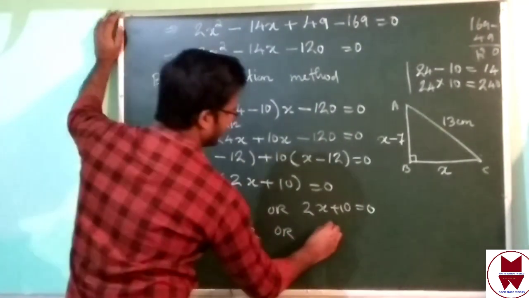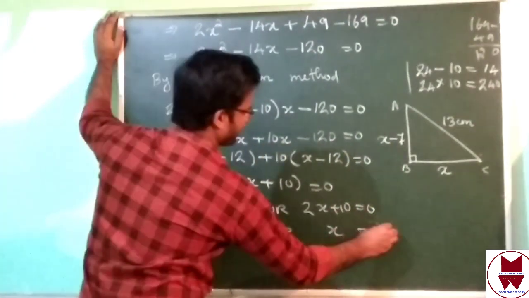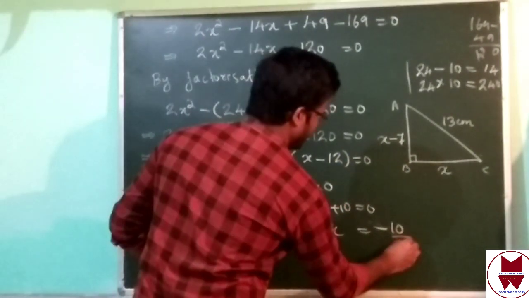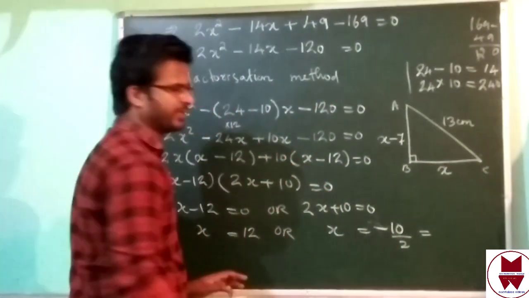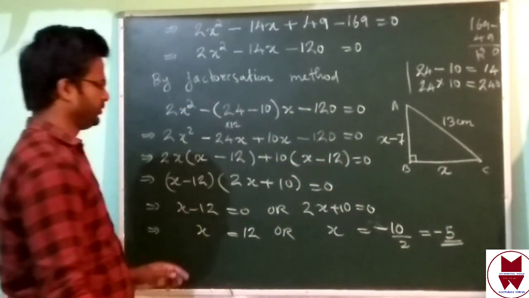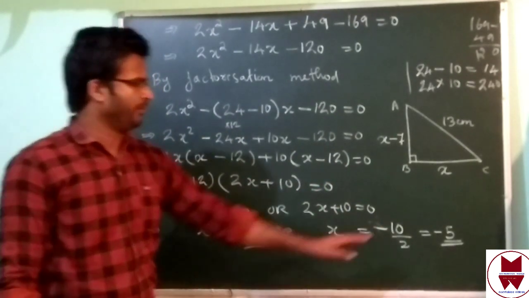In here, 2x equal to minus 10, plus 10 become minus 10. Then 2 bring to right side, that will be divided by 2, x equal to minus 10 divided by 2, minus 5. Now we got two values, x equal to 12 and x equal to minus 5.